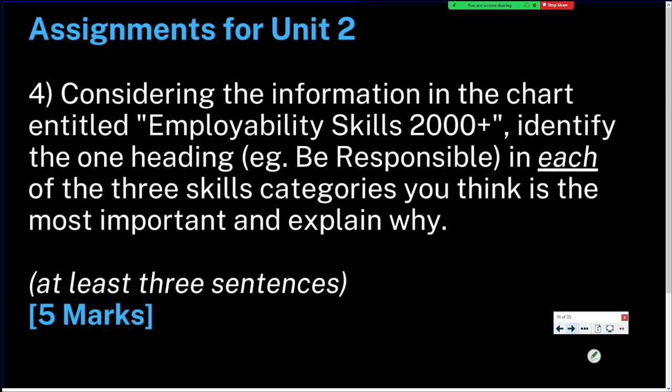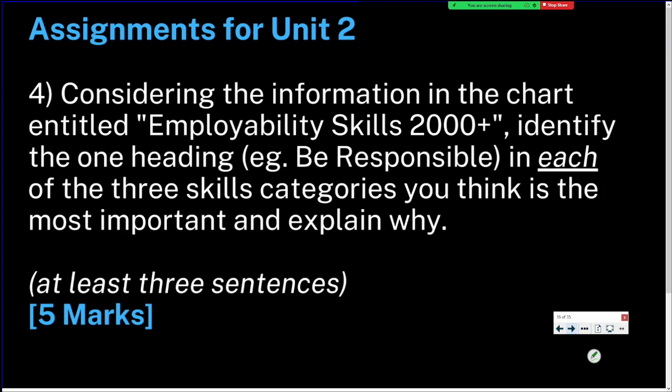So just make sure I got the right page number. Well, let's look at the table of contents. Thought I had it all set up. Yes, Employability Skills 2000 Plus. That's page 50. Well, sorry, it's introduced on page 50, but the chart itself is on page 51.